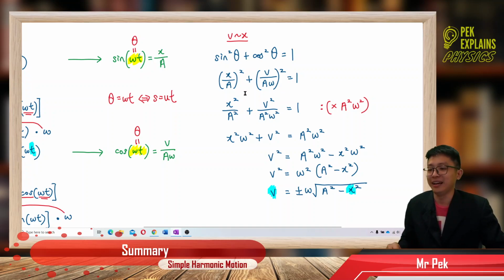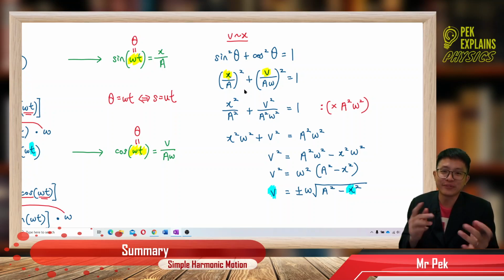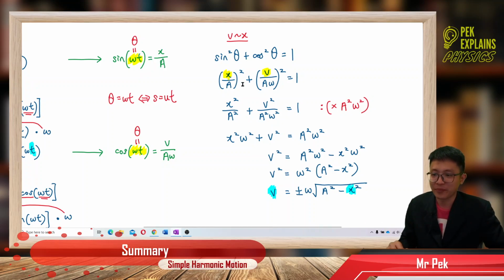Okay? So now you see, we already have the formula for v versus x. Now you just make it simpler. Square both, expand this, and then multiply a square omega square.